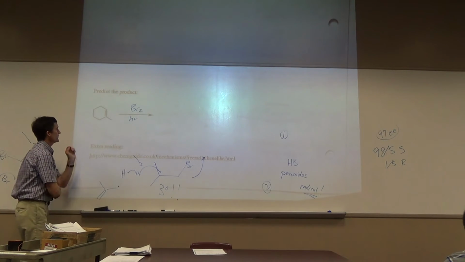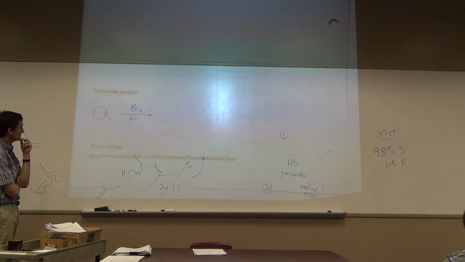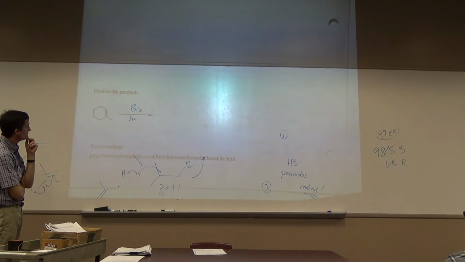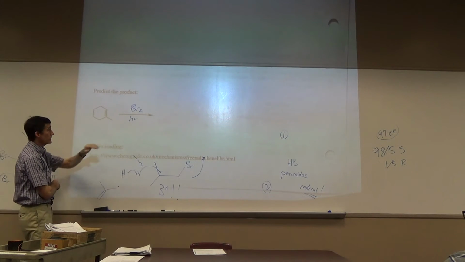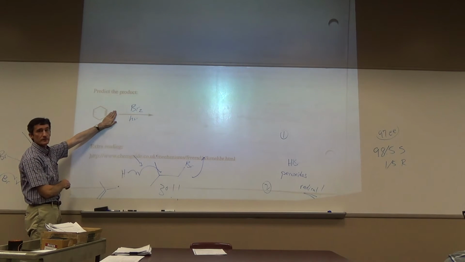Okay? Where are you going to strip an H from? How do you know which H to choose? That's a good question, because if a methyl wasn't there, it'd be easier.